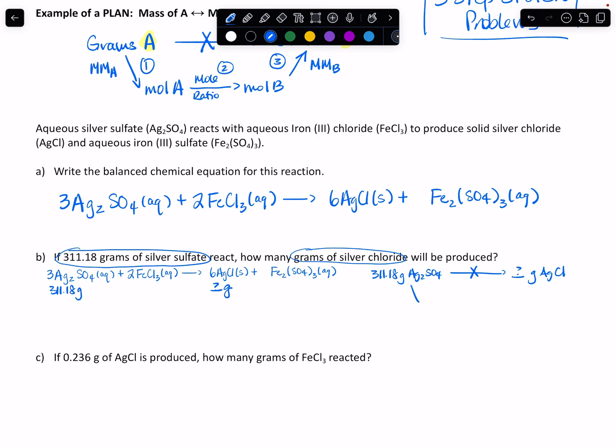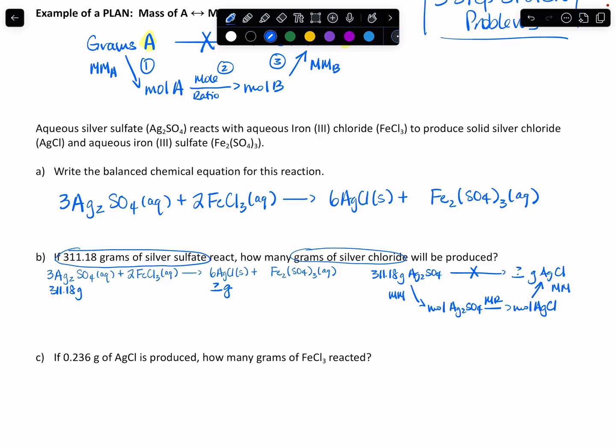So our first job is going to be to convert those grams of silver sulfate into moles. So we're going to need the molar mass of this substance to make that jump. Once we have moles, we're going to convert those into moles of silver chloride. Here's our mole ratio step, which we knew had to be there because of the stoichiometry aspect. And then we're going to go to grams of AgCl using the molar mass of that substance.